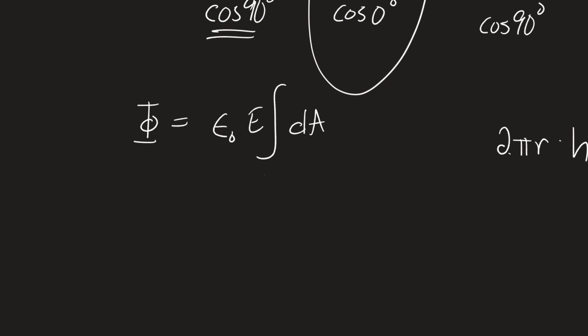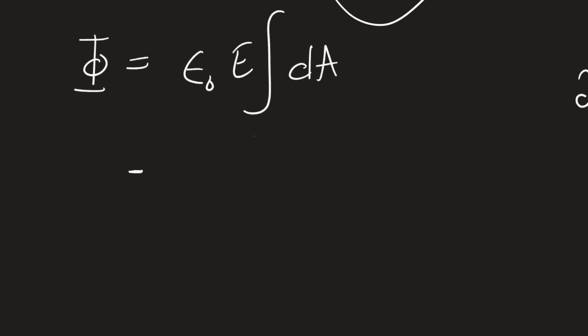I pulled the electric field out because it's a constant everywhere on the outside of that surface, and all I have to do is sum up the entire area of the outside of the can. But I know there's some people who don't know where this came from for the area of the outside of the can. So let me just tell you, if you cut a can, it will be a rectangle, right? And because we are dealing with a can, our entire flux would look like this.